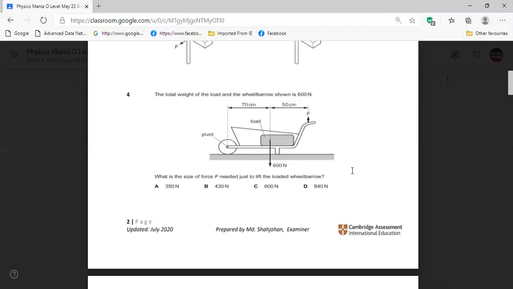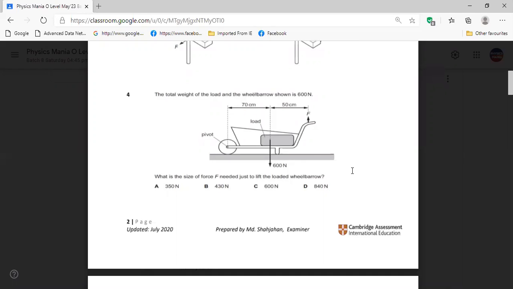They are saying at the beginning, you see, 600 newtons is the weight, right? Weight is working downwards, and they are saying what force is needed to lift the wheelbarrow, right? So it is giving the idea that it is the last point of equilibrium.